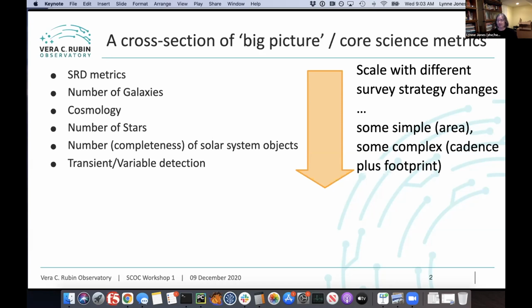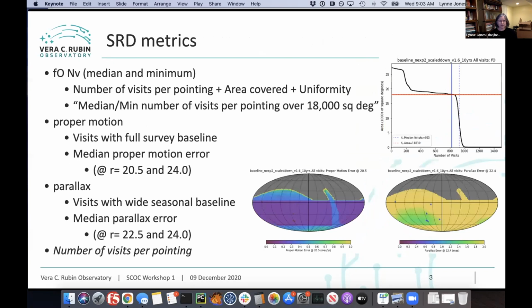Now, we also have a lot of basic metrics, like what is the air mass distribution, what is the seeing distribution, the individual image depth. These are all out there and measured as well, but what we really want to measure is the science return, so that's what we're looking at here. I will go through these in groups.